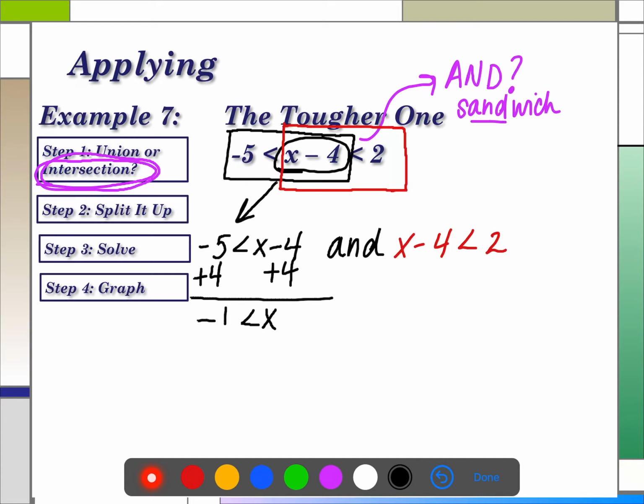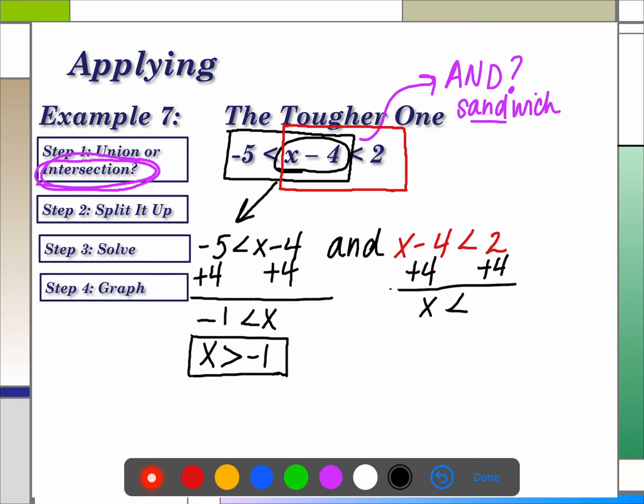Okay, and now look, I have my variable on the right side. We know that we like to have it finish on the left. So I'm going to switch sides, and I'm going to make sure that my symbol is still pointing in the correct direction when I rewrite. Okay, and now I solve my second one.